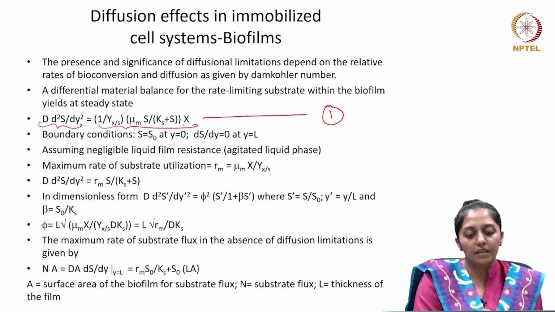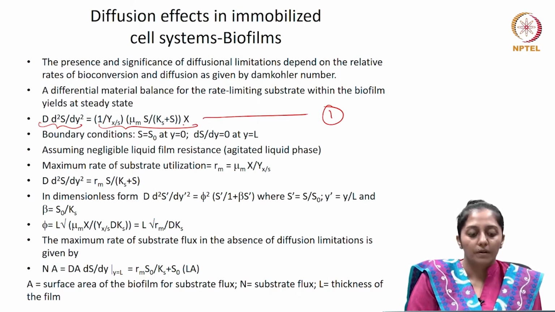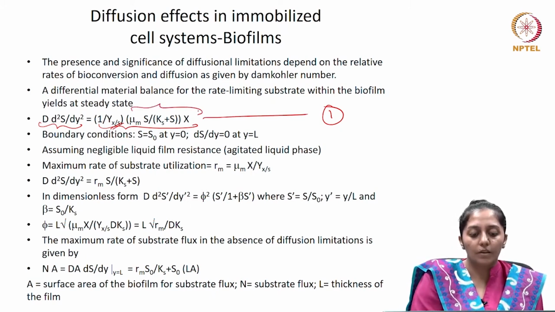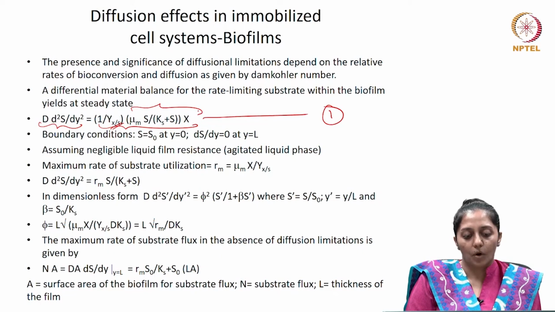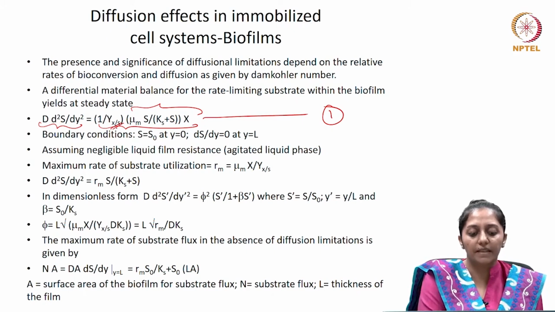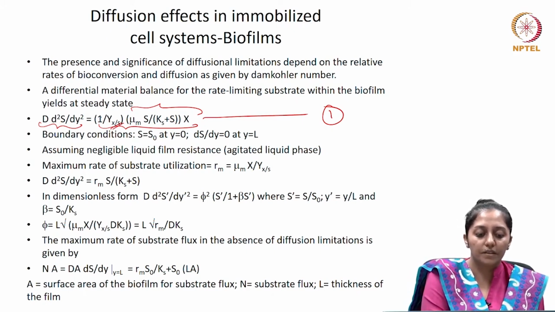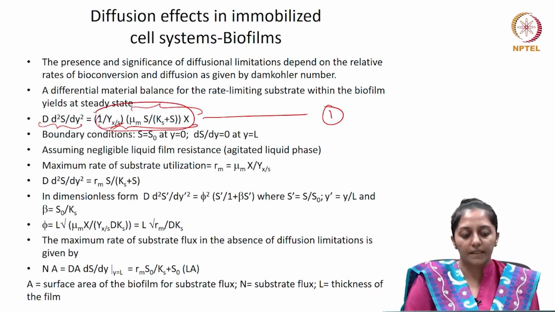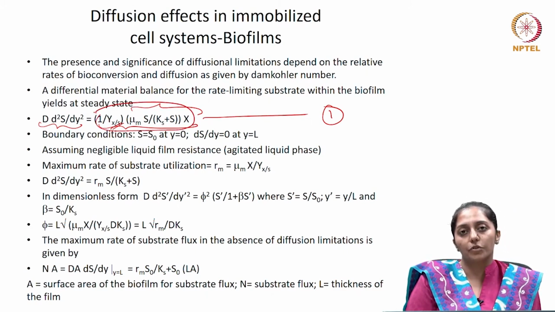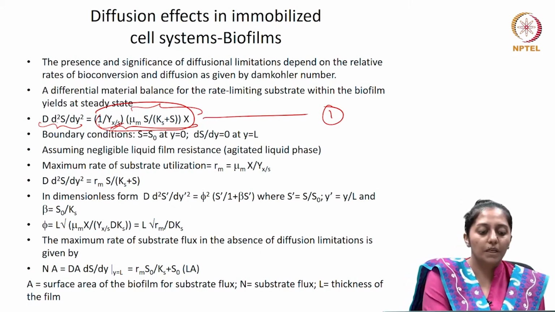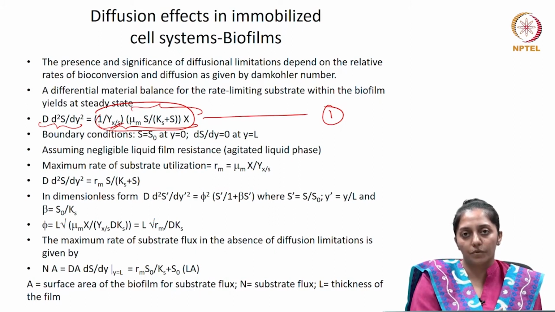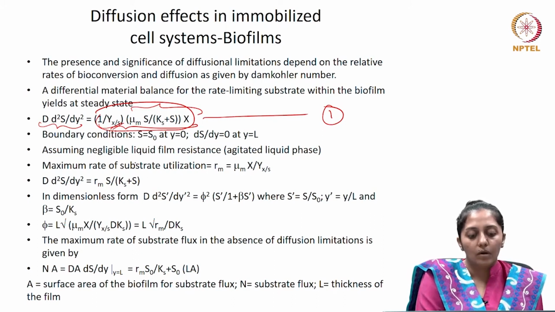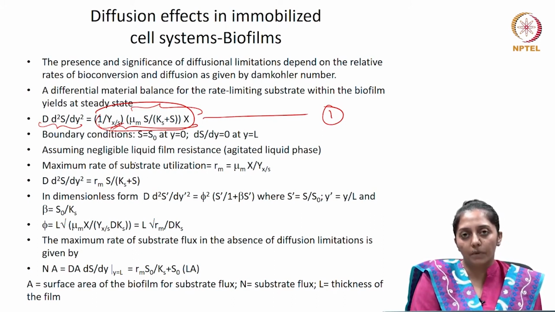Your RHS is the rate of substrate consumed, where Y_X/S is the yield of X by S, and this term is your Monod model, which determines dX/dt when you divide it by the Y_X/S term. So, your entire RHS will become dS/dt, the amount of substrate consumed in the growth. This should be equal to the amount of substrate transferred through the biofilm, which is demonstrated here by Fick's second law of diffusion. Now, in order to solve this, we will need boundary conditions.